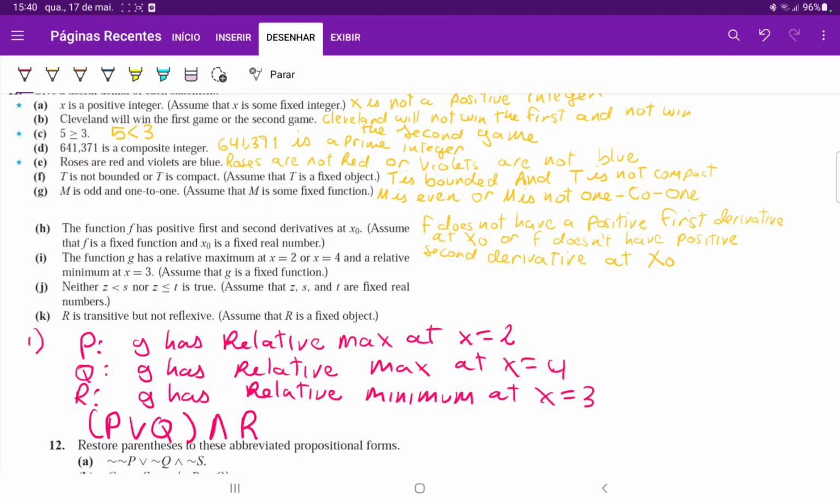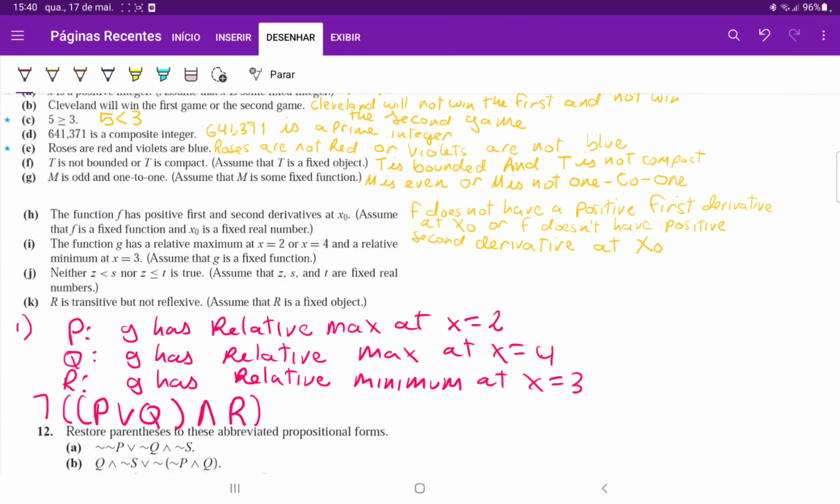The denial is we're going to put a not here. Once more, we're going to look at De Morgan's laws. So this means not P or Q or not R by De Morgan's laws.